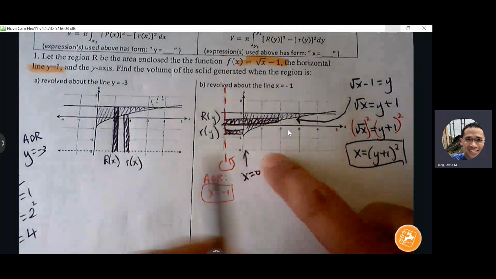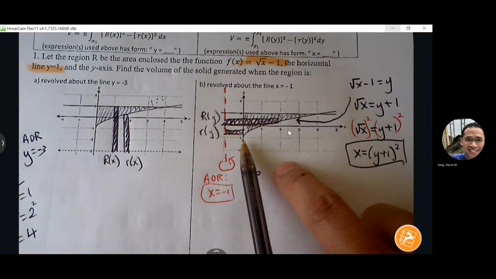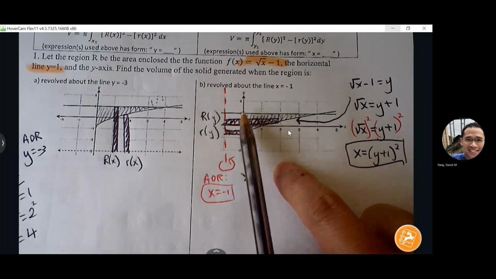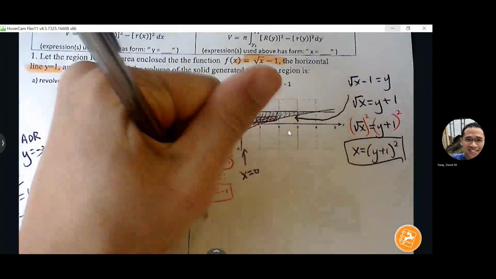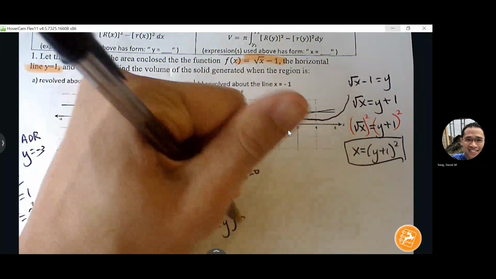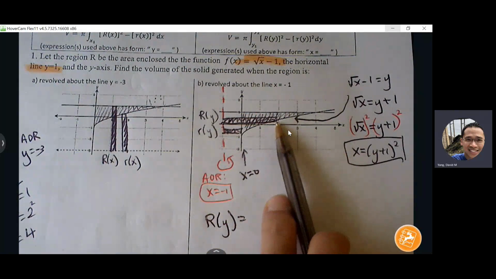I think the bounds are easy as well. Can you tell what the bounds will be? Negative 1 to, what's the y value here? Yeah, 1. Okay, yeah, negative 1 to 1. Okay, right minus left. We look at the right endpoint of the radius.